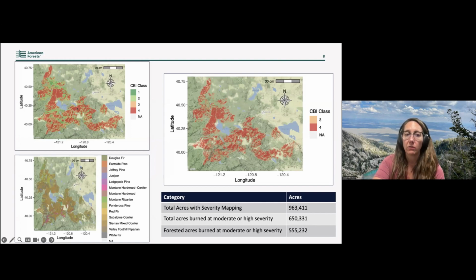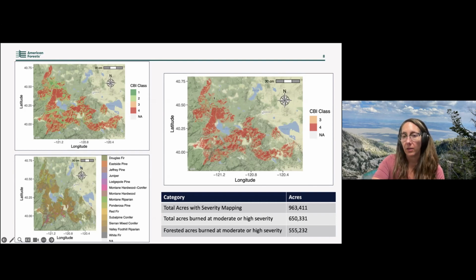So we're trying to retain everything in this fire severity map that is moderate or high severity, so in these warmer color tones. We then looked at the WER type vegetation categories and selected all of those that were in the hardwood or conifer categories. And we looked for areas where those two pieces overlapped.